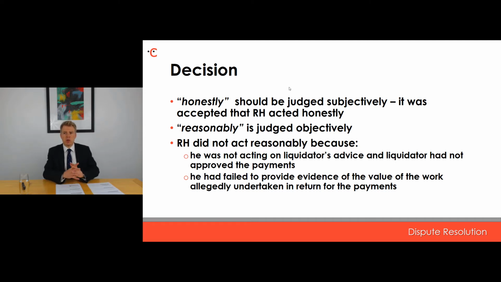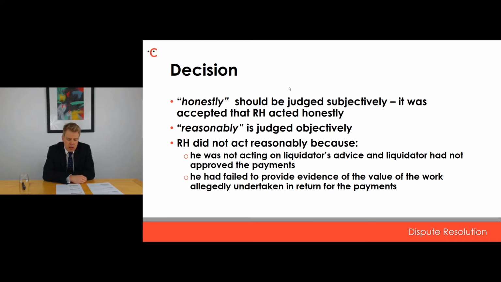He was acting honestly. However, the test of whether he acted reasonably should be judged objectively. And in the circumstances, he didn't act reasonably because he wasn't doing what he did with the liquidator's express knowledge and approval. Although it benefited the company, he wasn't directed to do this by the liquidator.